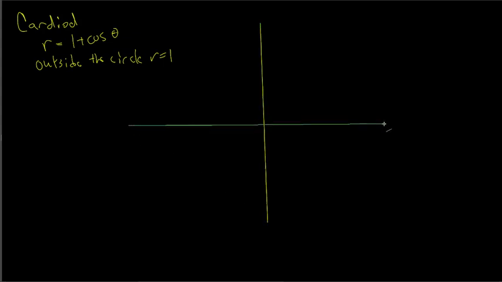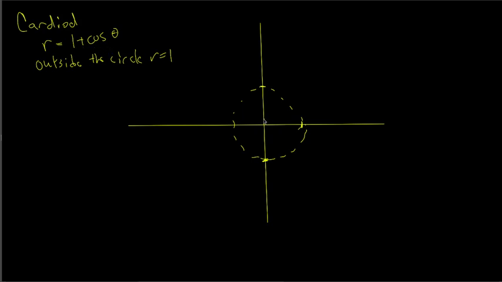All right, so let me get my circular component here. Let me get 1 and 1 and 1. So we're going to need everything outside of that circle. So that's going to be exclusionary. And then in our cardioid, well, if we remember our cardioids, r equals 1 plus cosine theta.